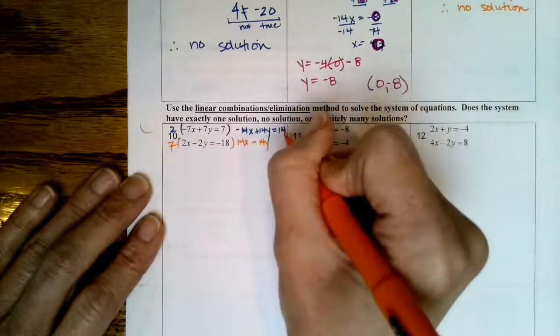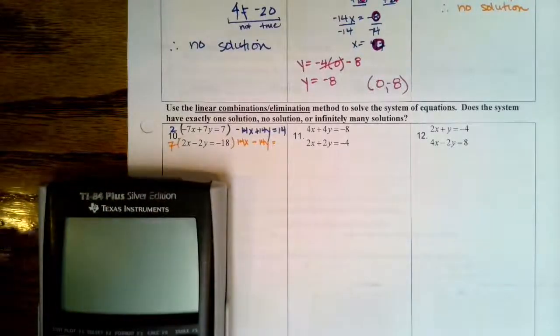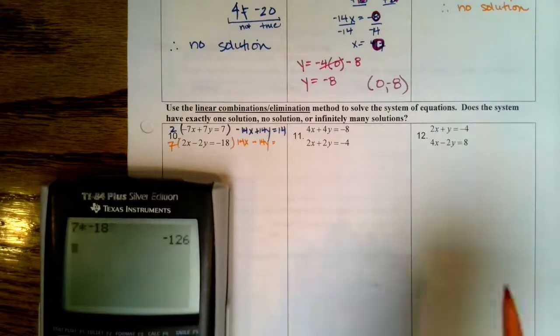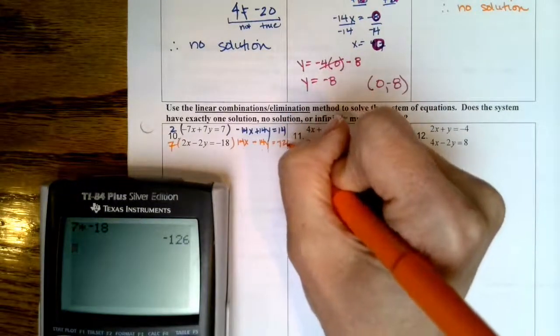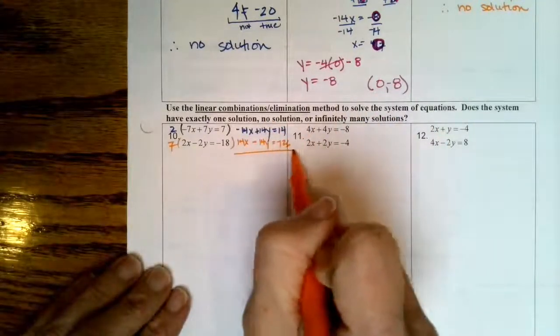is equal to negative, and I'll go ahead and go to my calculator, 7 times negative 18 is negative 126. That really doesn't matter because watch what happens.